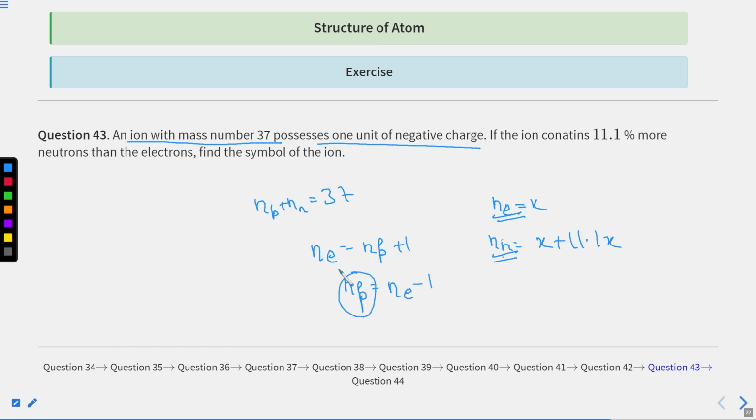Now we know that number of protons plus number of neutrons is equal to 37. So we put the value for number of protons, that is number of electrons minus 1. So x minus 1 plus number of neutrons, x plus 11.1x, is equal to 37. This would give us, this is of 100x.